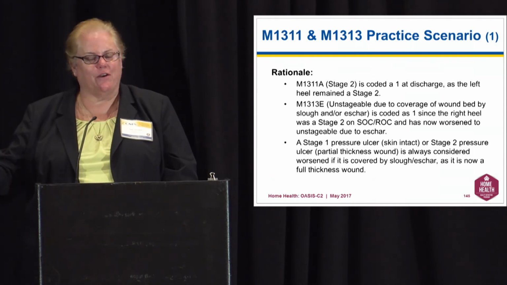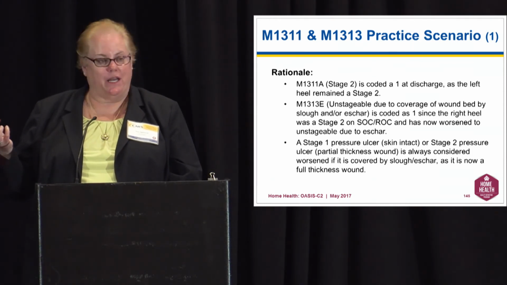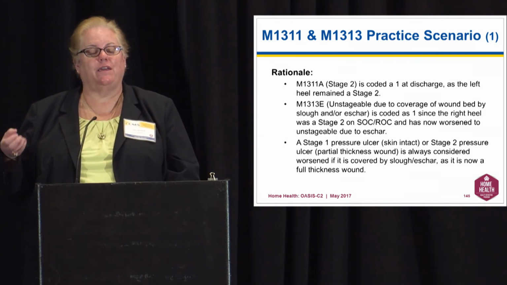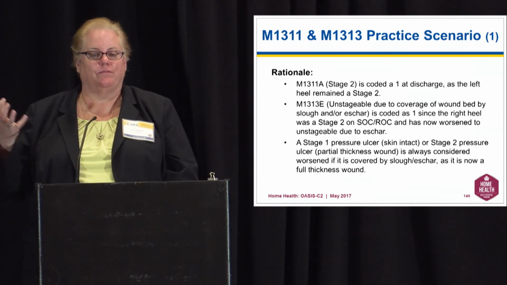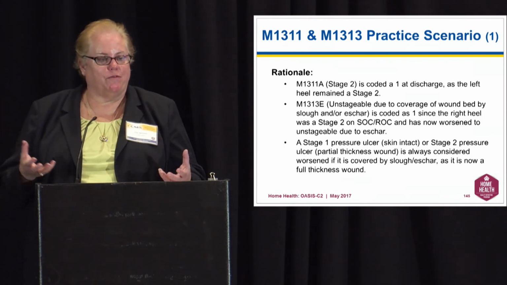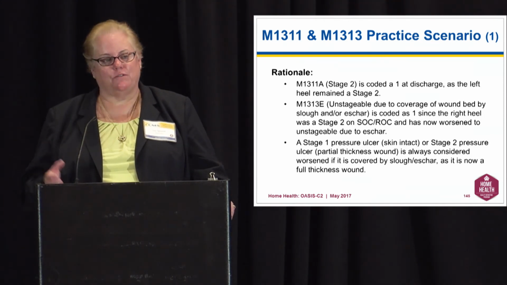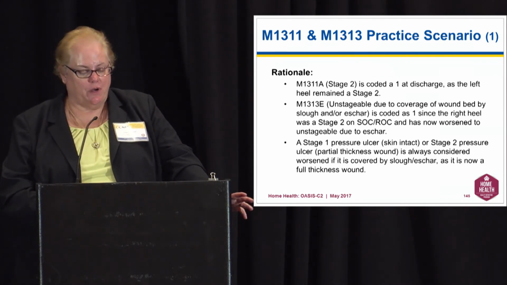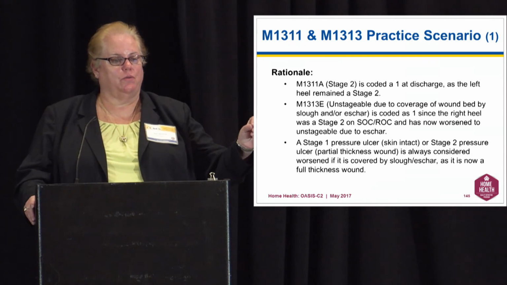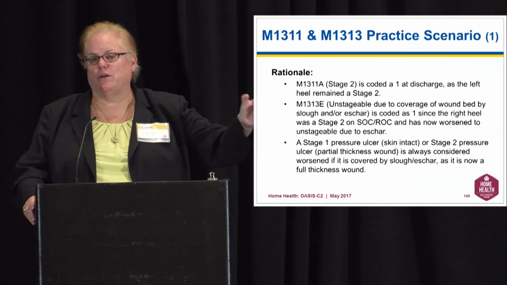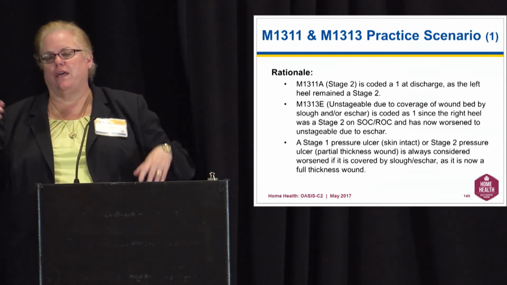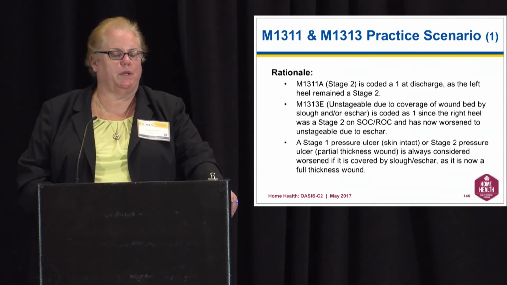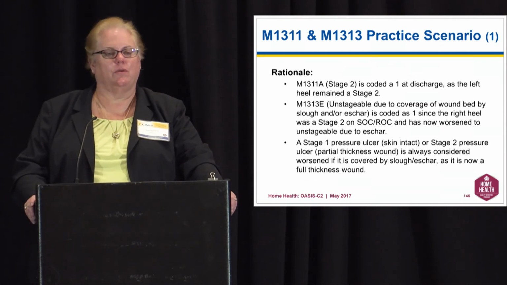A few days later, now we see that it has blood in it. So now it's a suspected deep tissue injury that then ended up forming into eschar, which happens frequently in these types of wounds. But what we saw is initially it was a stage 2. It didn't present as one being a clear blister on the left, and then the other heel showing what appeared to be a potential for suspected deep tissue.